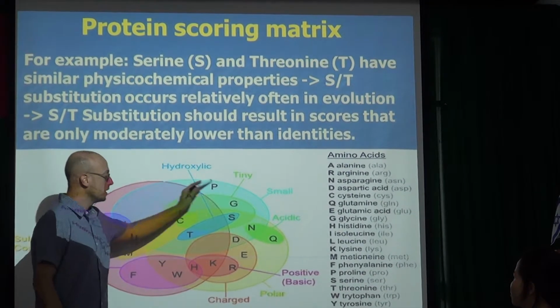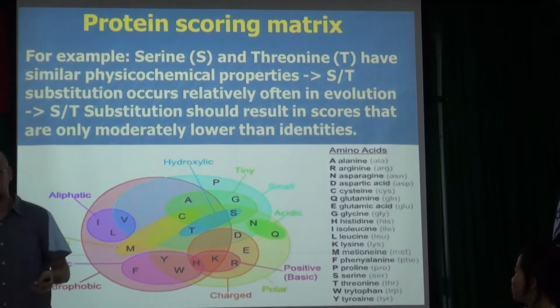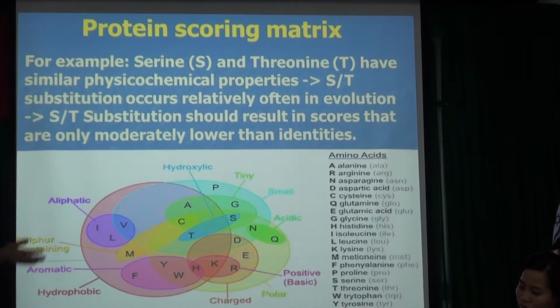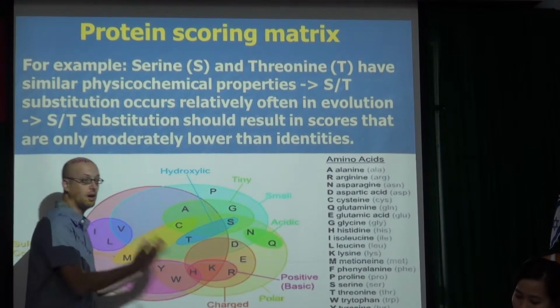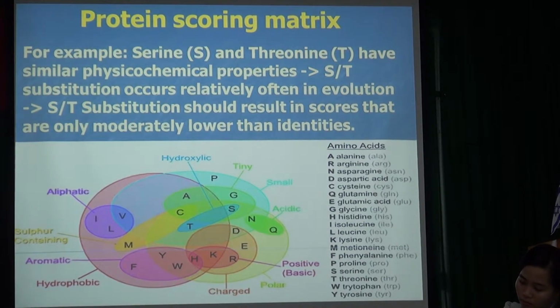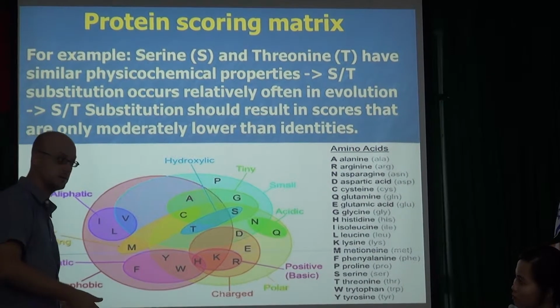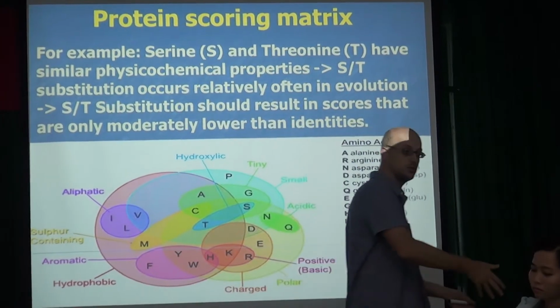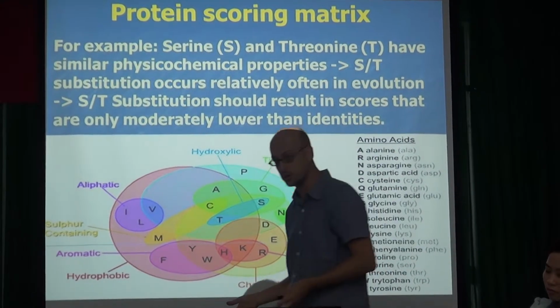Now, each one of these amino acids has different characteristics. Some of them are small, some of them are large, some of them are more aliphatic, some of them like water, some of them like oil, some of them are negatively charged, some of them are positively charged.